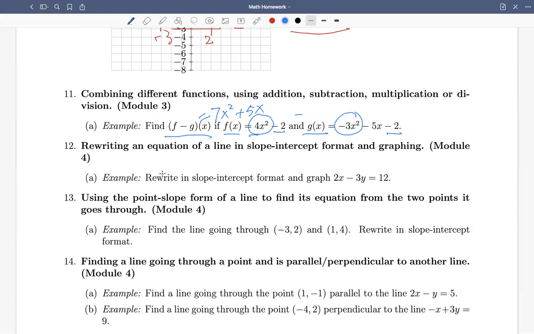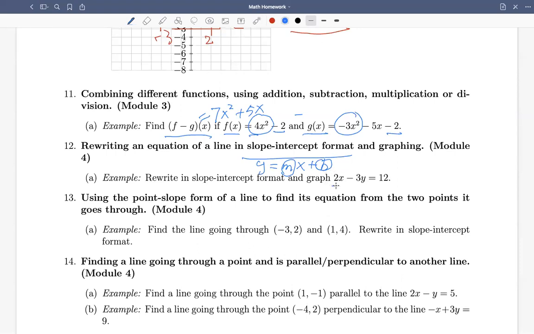Now let's see 12. So, rewriting the equation of a line in slope-intercept format. Remember, slope-intercept format is y equals mx plus b, right? m is a number, b is a number, x, y represent any point on the line.